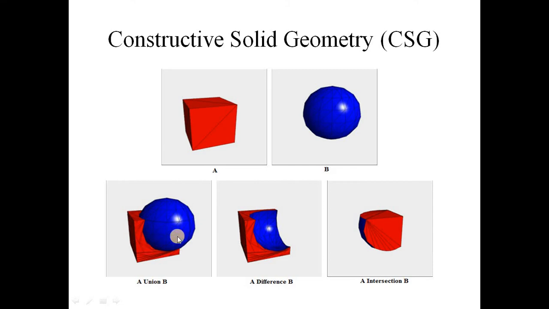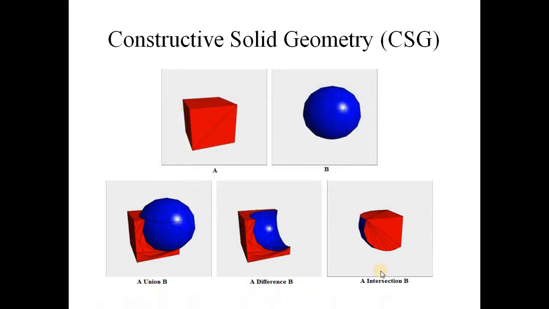So in this resultant, you can see that A and B are combined together. The difference Boolean operation, A difference B, means A minus B. Whatever portion of B overlaps A is removed from A, so that is A minus B.